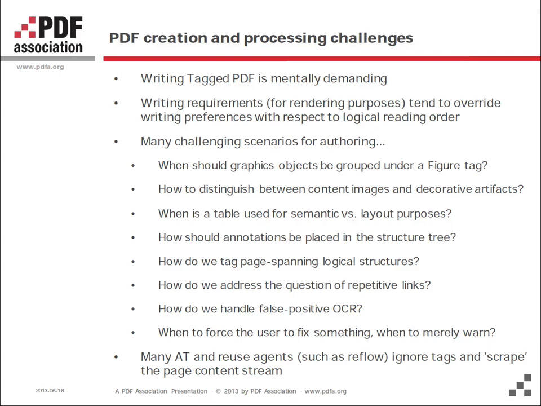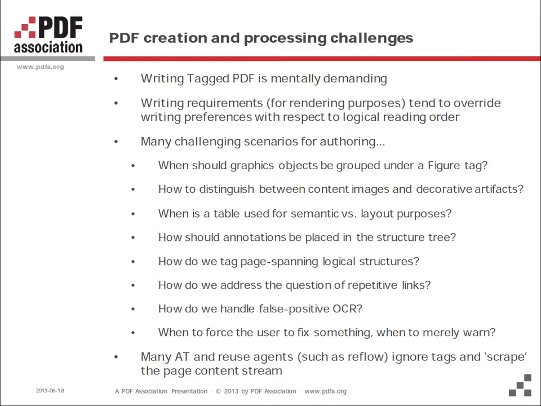On the one hand, a particular photograph on a page may be a piece of content. It may represent something that really needs to be conveyed to the user because it's part of the information of the article. Another photograph, perhaps with a lower saturation, perhaps it's highly transparent, but perhaps it's not, might be completely decorative and have no purpose in terms of communicating the information of the document.